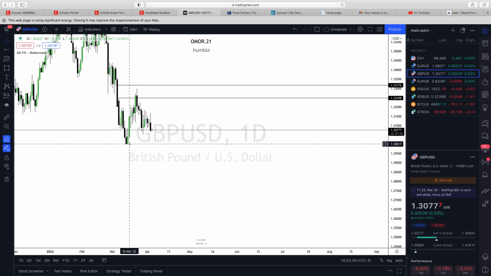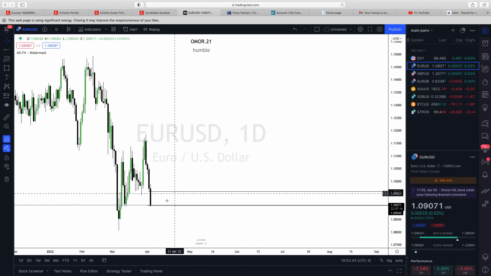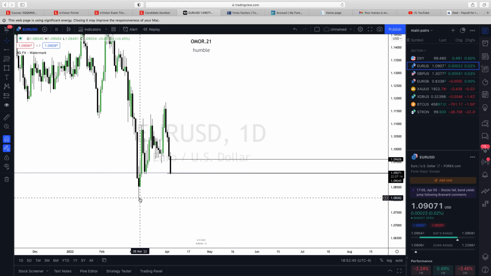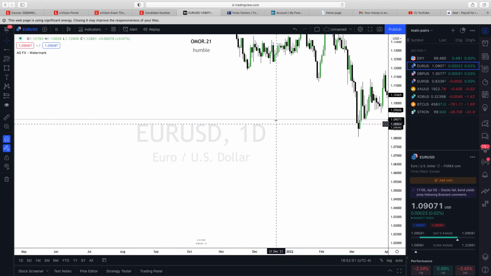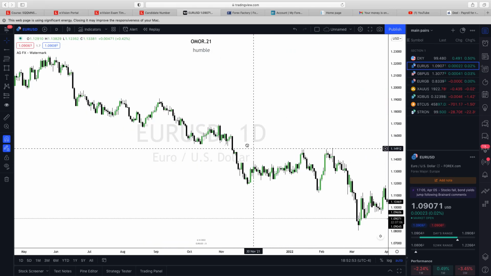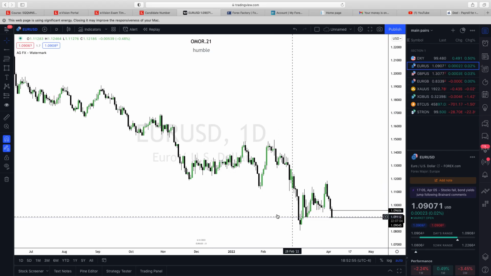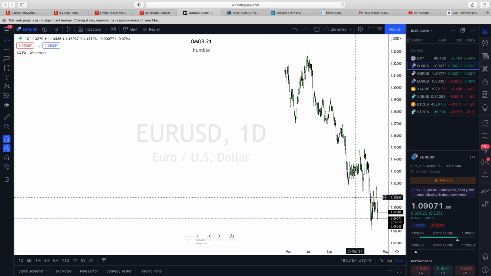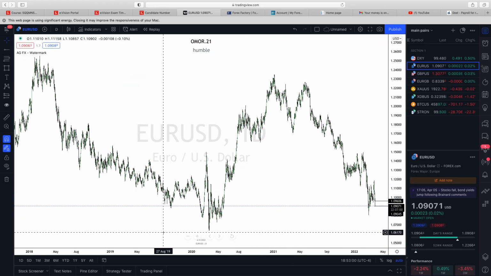This is probably the draw on liquidity, by the way, on this low. And for the Euro USD, you guys know how long I have looked at this low to take out, right? And ultimately, I want to take out these lows.